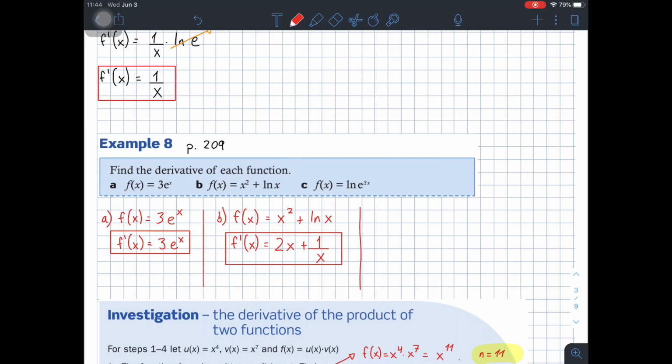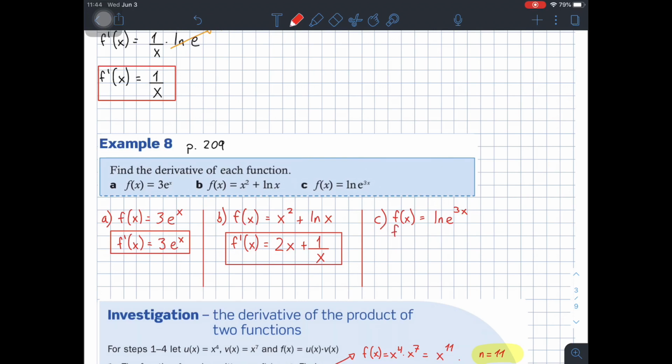Okay. Finally, for part C, the function f of x is natural logarithm of e to the power of 3x. Okay, so in this case, before we differentiate, I see that we can, by applying laws of logarithms, take this exponent down here and see what happens, right?